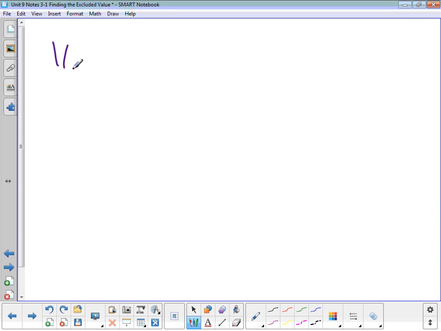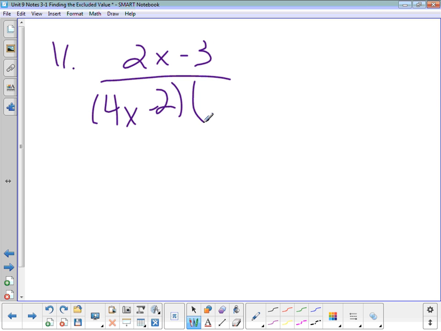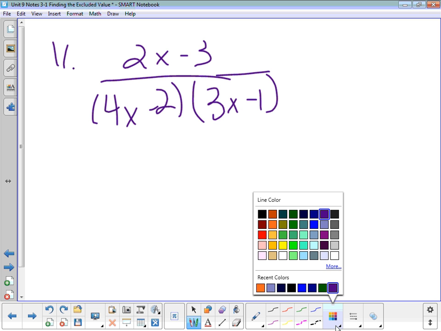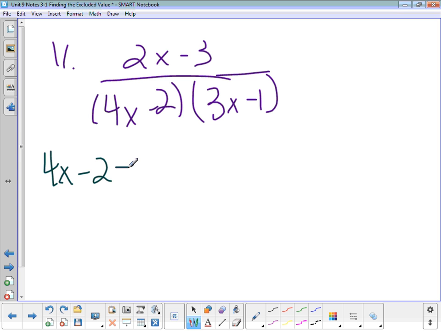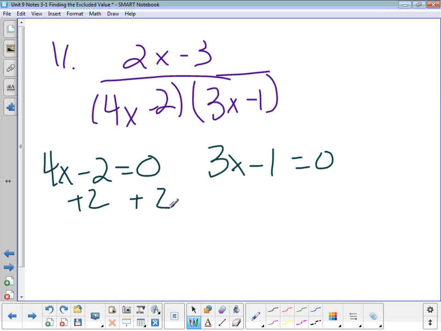Number 11 is 2x minus 3 over 4x minus 2 times 3x minus 1. Now we're going to set both of those factors equal to 0. So 4x minus 2 is equal to 0, and 3x minus 1 is equal to 0. Now we're going to solve each of these equations for x.